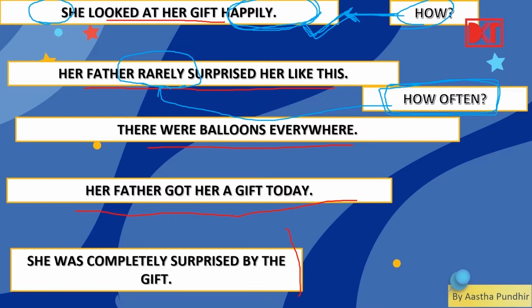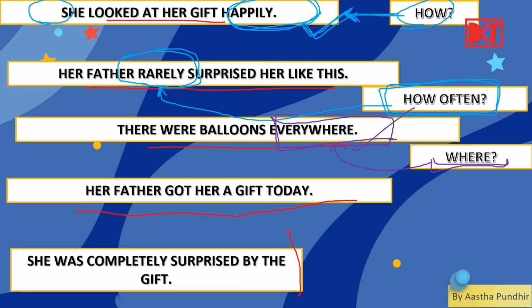Okay. So it is the adverb, because we know that adverbs answer any of these questions of how often, when, where, etc. Okay. The third question is where. So in the third sentence, which word gives the answer to where? Everywhere. Where were the balloons? The balloons were everywhere. Okay, so the adverb here is everywhere.